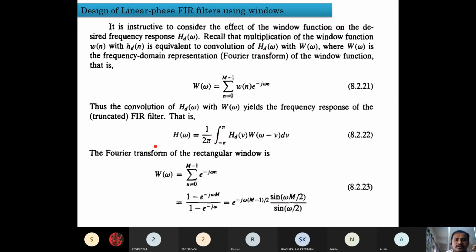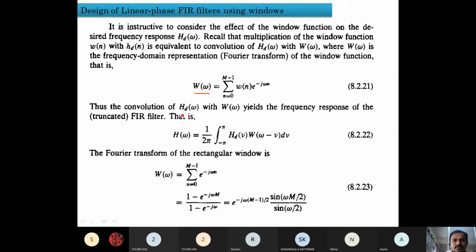How do we calculate the Fourier transform of the window function, capital W of omega? Obviously, it is the DFT of w of n, which is given by the summation for n equal to 0 to m minus 1 of w of n e to the power minus j omega n. So we always depend on the DFT itself.